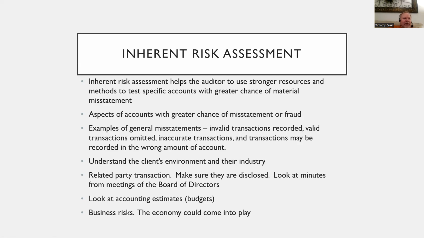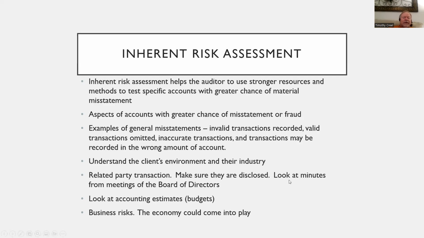If the company did a transaction with the brother-in-law of a board member, that would need to be disclosed. That could be considered a related party transaction. Or if they did certain transactions with maybe a subsidiary, again, that would be considered a related party transaction, and they would need to be disclosed.